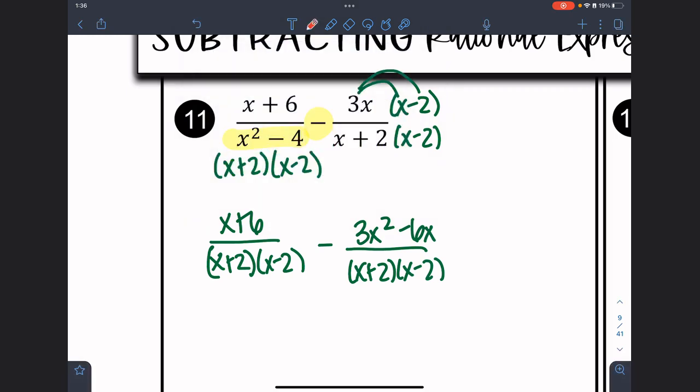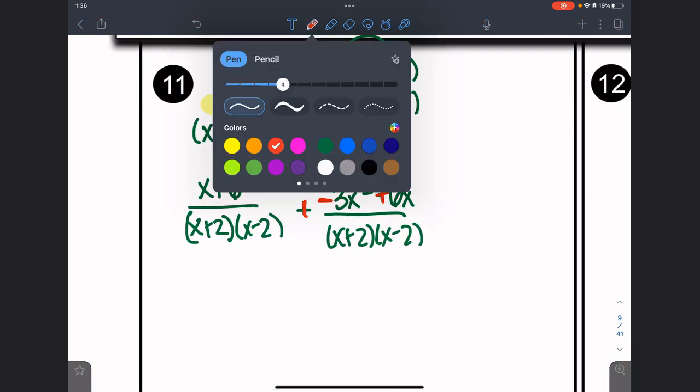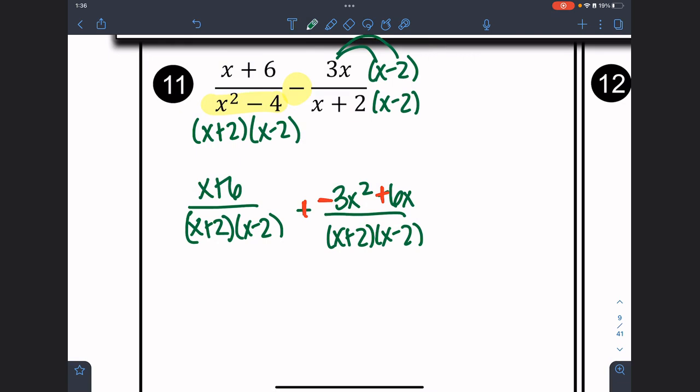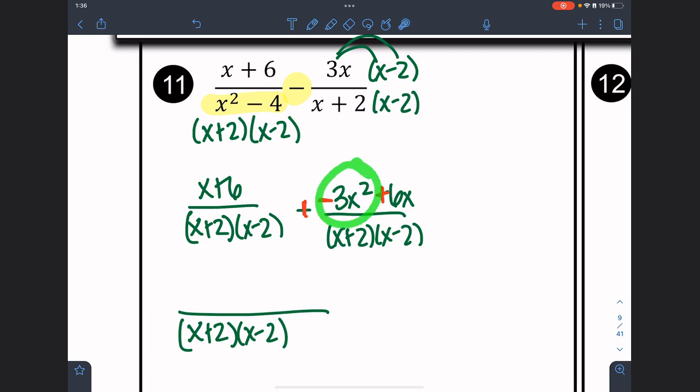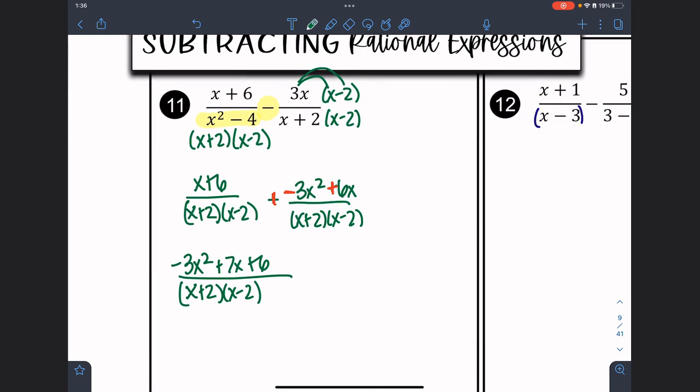But they're being subtracted, so I can really change my signs here. So please do that, otherwise you're going to get this wrong. So keep the denominator. I can combine like terms in the numerator. X plus 6x is 7x, but I do want to write this in standard form. So I'm going to put that negative 3x squared first, plus 7x plus 6.